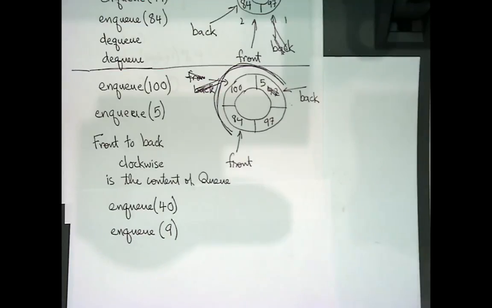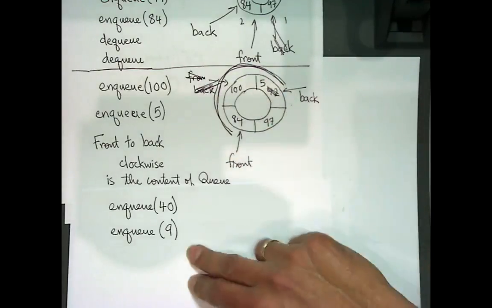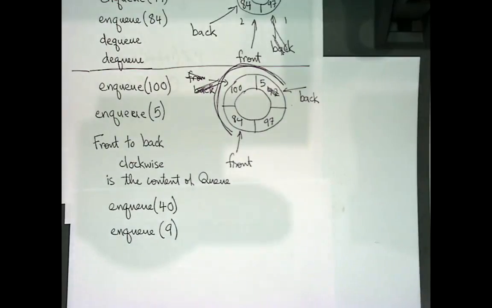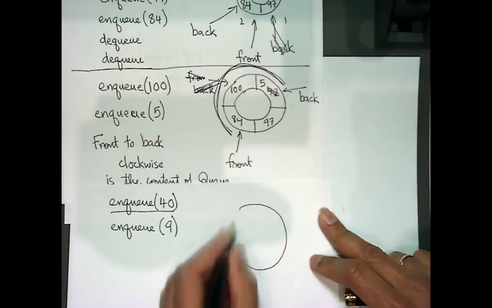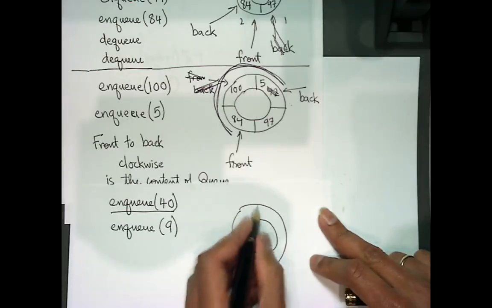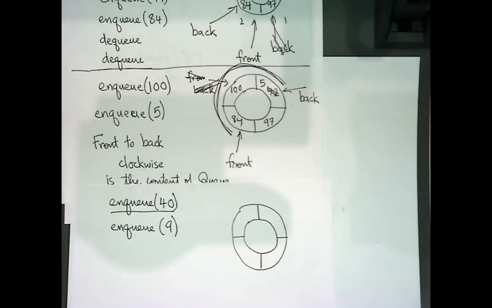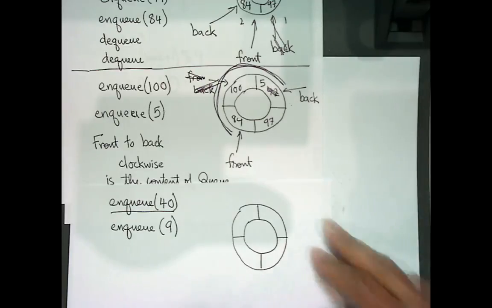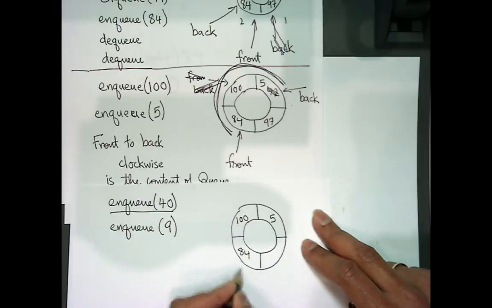Now I should have a problem because the queue has 3 elements right now. I added 2 more, so I exceed the size. So let's do this one first. What happens after NQing 40? This is where I'm going to answer this thing about what happens when you fill up the queue. 84, remember this is front.